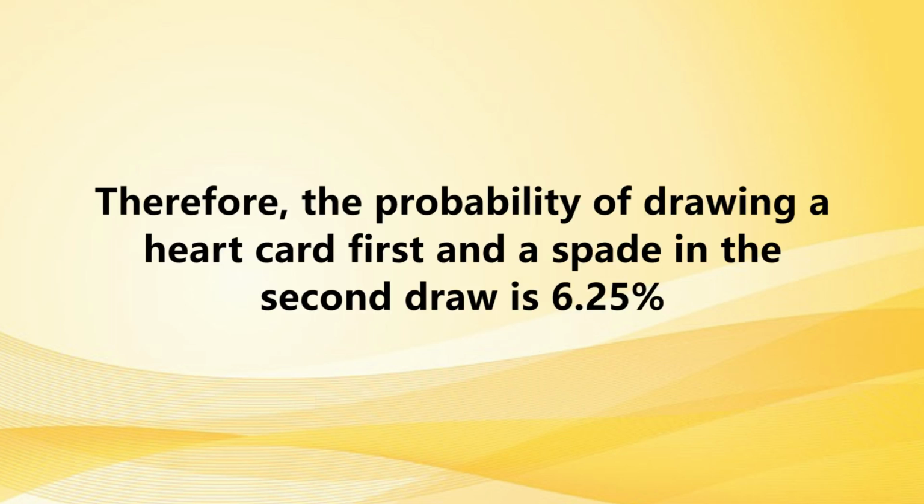Therefore, the probability of drawing a heart card first and a spade in the second draw is 6.25%.